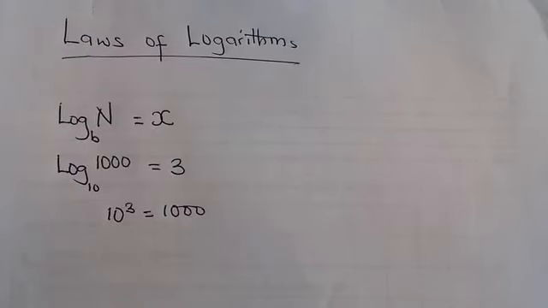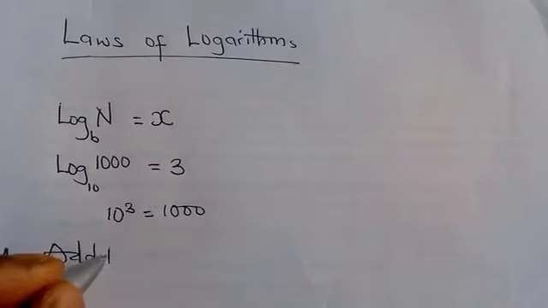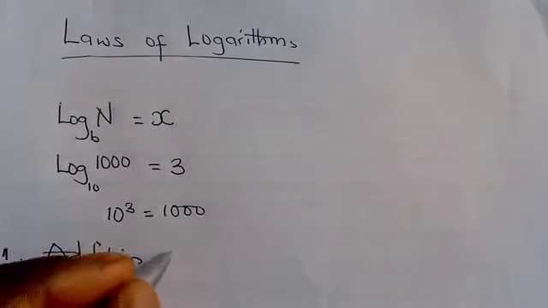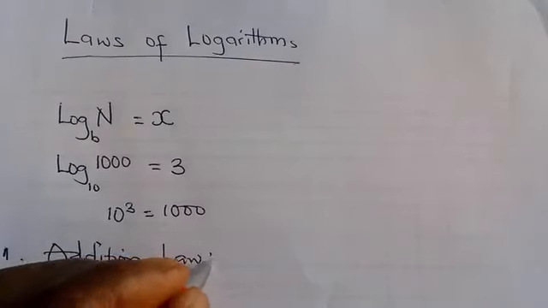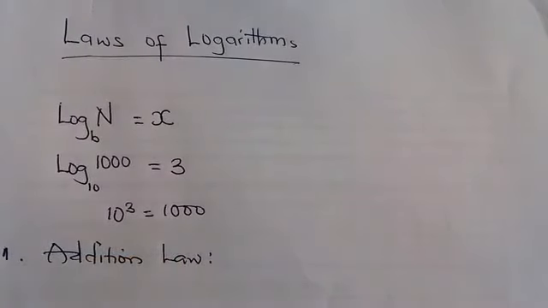So one of the laws we have in logarithm is the addition law. The number one law, we have the addition law. And what is this law all about? When two logarithms of the same base are added, the result is usually the product of the numbers to their common base.